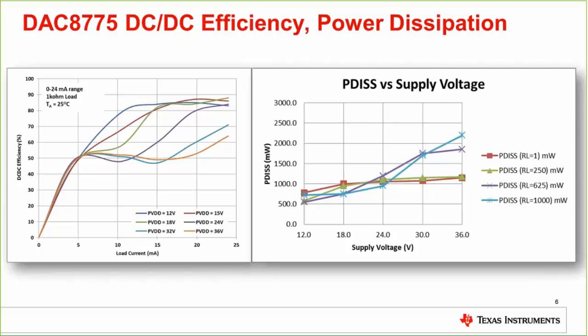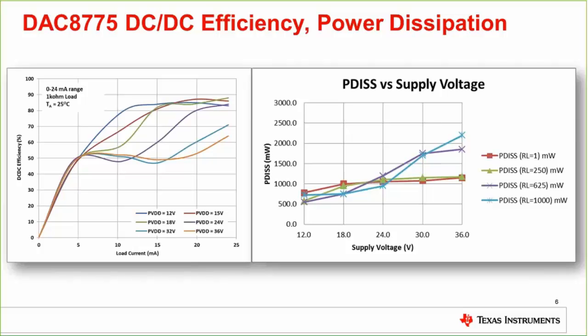This is power dissipation on our board, of course, not counting the power dissipation across the 1 kilohm load. In the end, it's about 750 or 780 milliwatts, but only when operating from a 12-volt supply voltage. And as I mentioned before, we could see 12 to 36 or potentially even 40-volt input supply voltages.